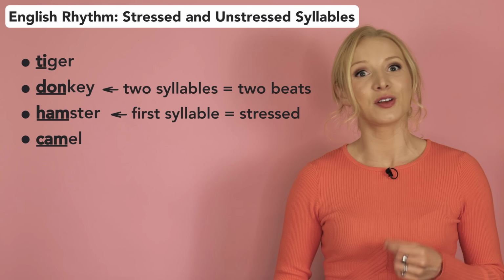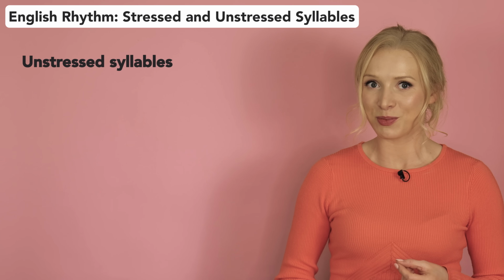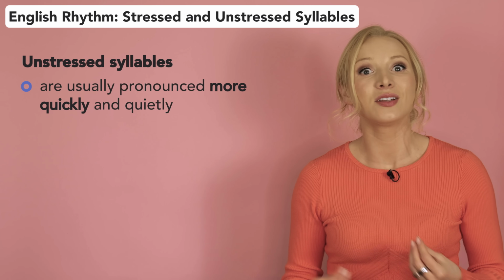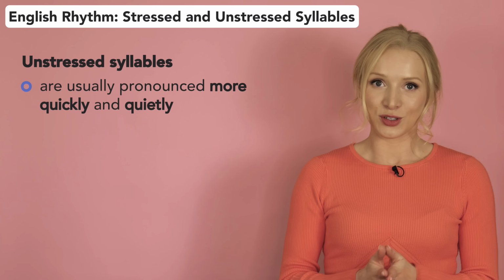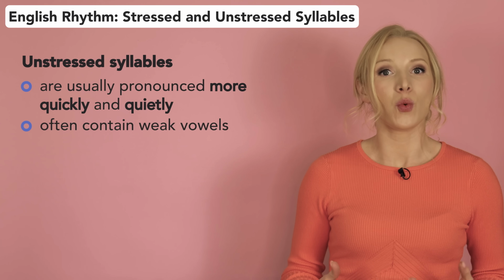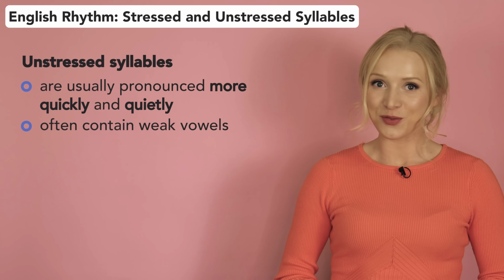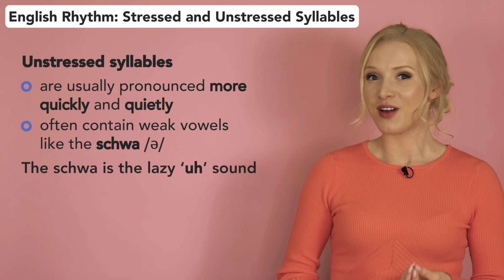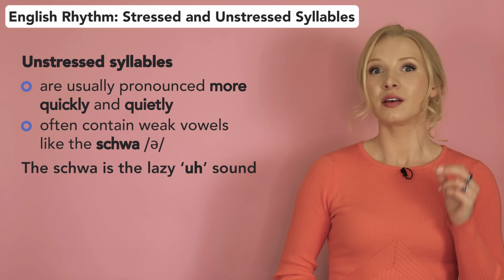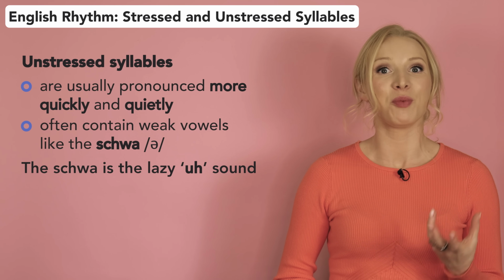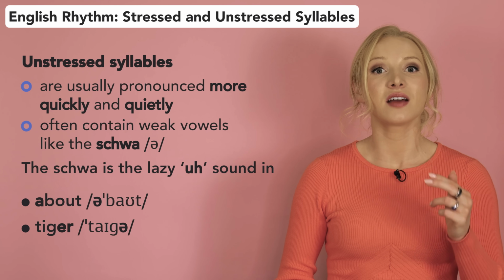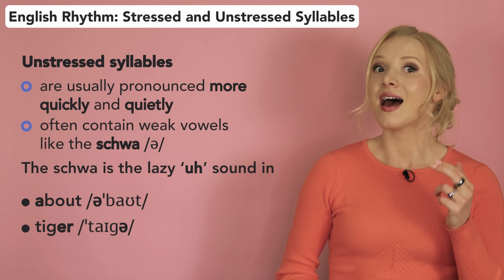And what happens to the second unstressed syllable? Well, I pronounced it more quickly and quietly. Many unstressed syllables contain weak vowels, and the most famous of all is the schwa. That's the very lazy sound at the beginning of about and at the end of tiger and hamster.